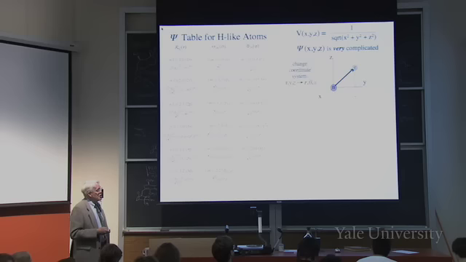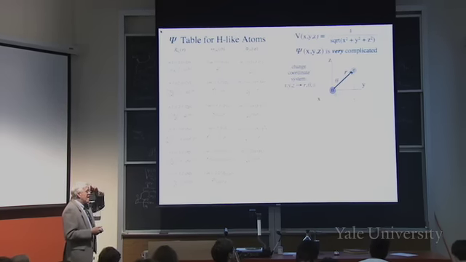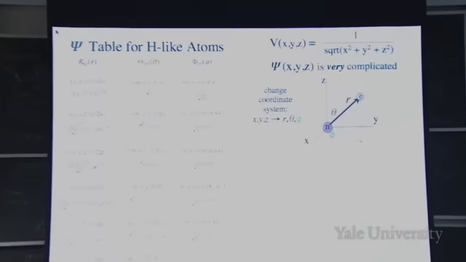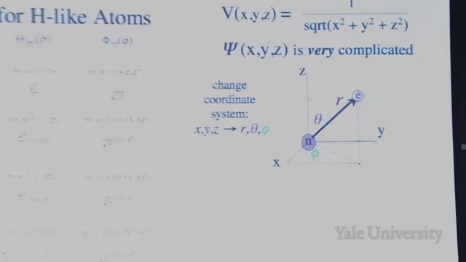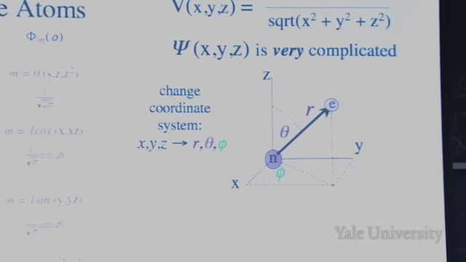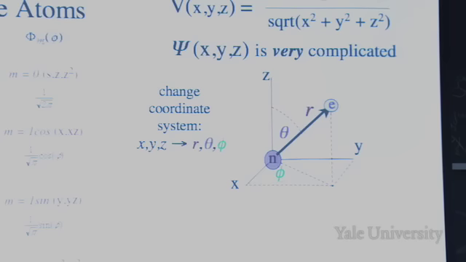And the one that's natural for the problem is spherical polar coordinates. So the 3 dimensions are r, the distance, and theta, the angle down from the z-axis, and phi, the angle rotated around from the x-axis. Well, you can define it any way you want to. This is the way it's defined for these purposes, okay?